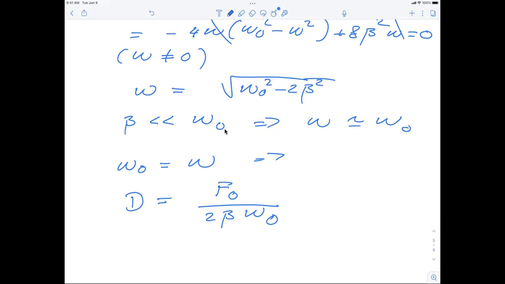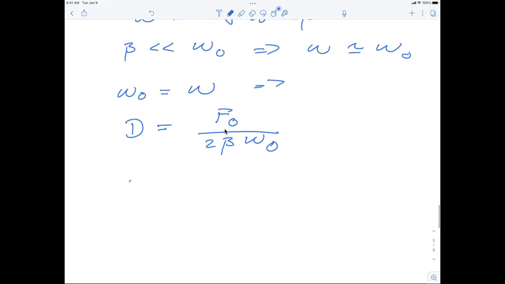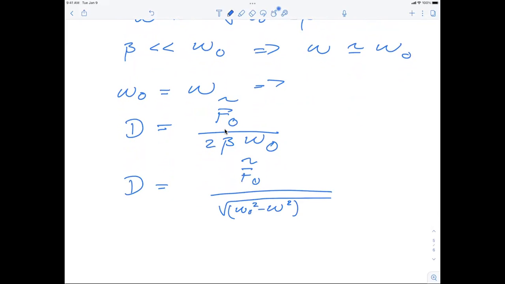And you can see that when you go back to the equation here. D, when we put omega 0 equal to omega, is F0 tilde divided by the square root of omega 0 squared minus omega squared squared, and since we put them equal, this is 0, plus 4 times beta squared times omega 0 squared.